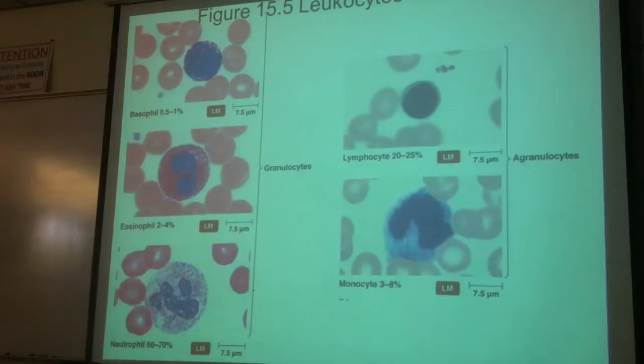So up to 70% of all leukocytes are neutrophils? Kind of, approximately. I mean, 60 to 70, because you also have 20 to 25% lymphocytes. These are the 2 major things.